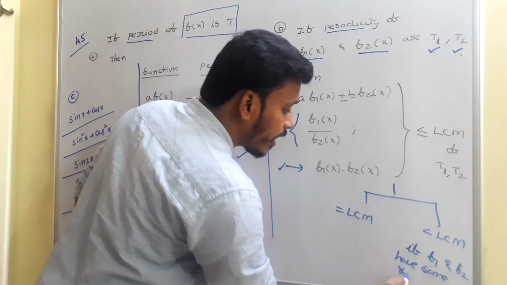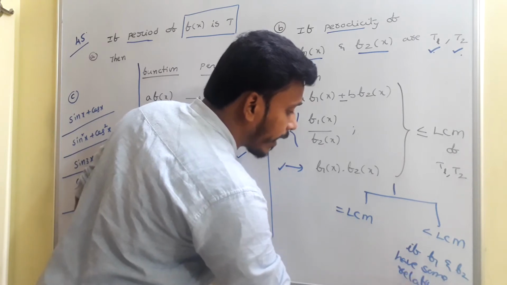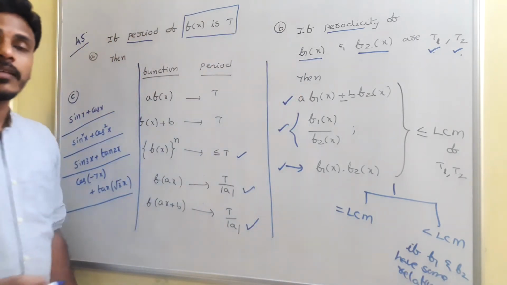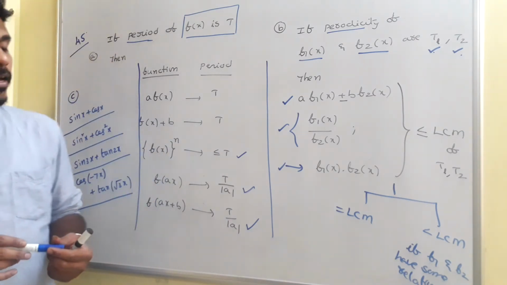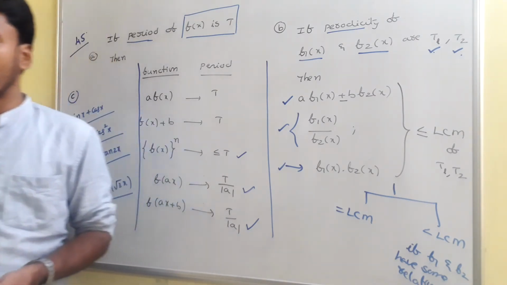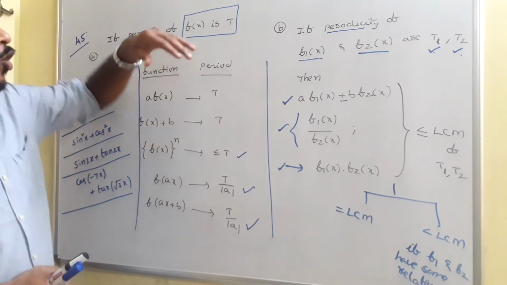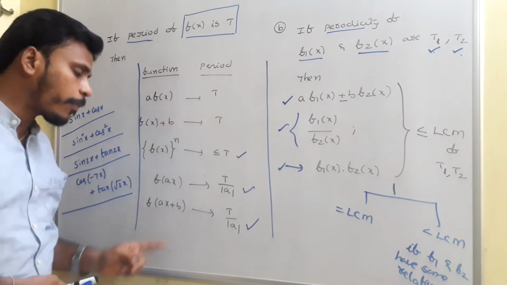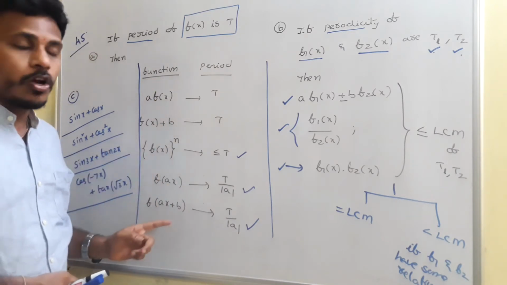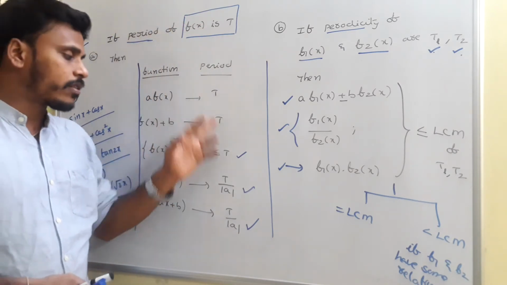If there is a relation between f1 and f2 directly, then in those cases the periodicity is less than the LCM. In all the remaining cases the periodicity is equal to the LCM. Okay. Once again, if I know a function whose periodicity is T, then to say the periodicity of all these functions, I use that T and I will say like that.